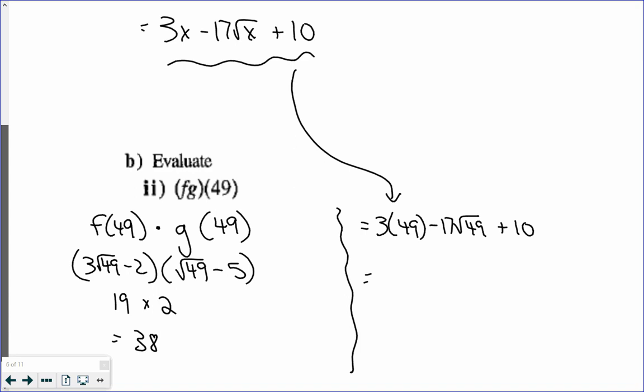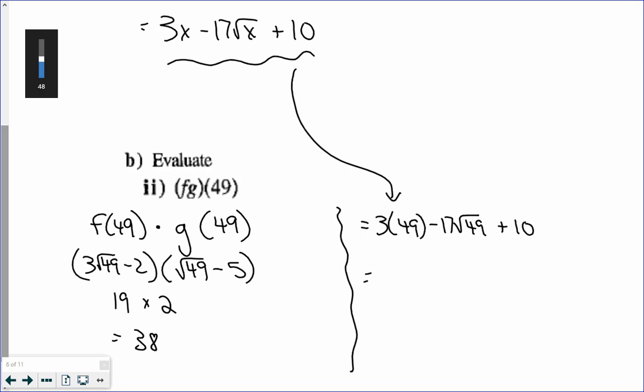And it should give me out the same answer. Let me just get my calculator here. And yes, it does give me out 38.